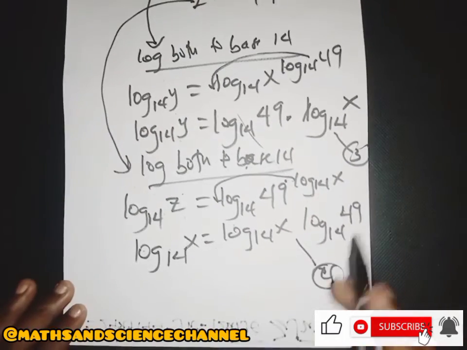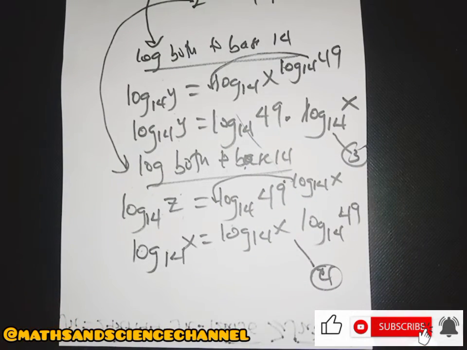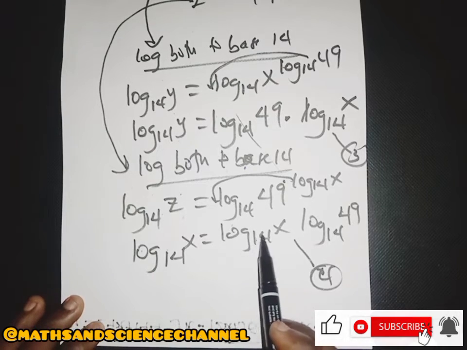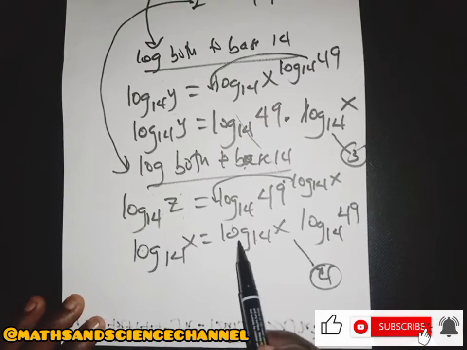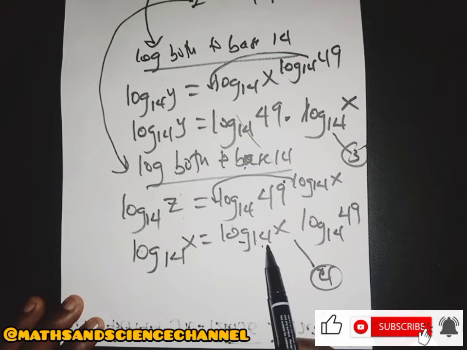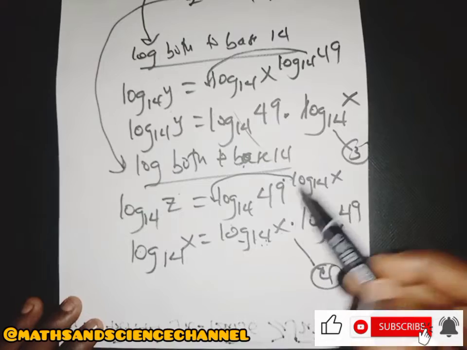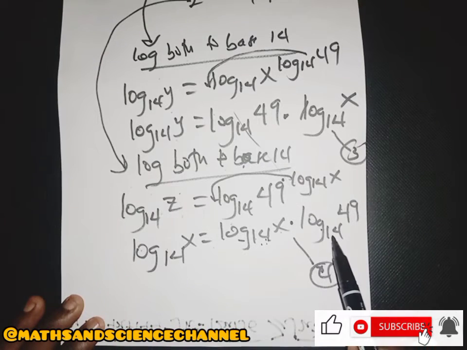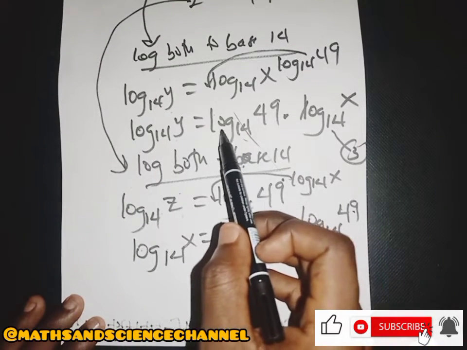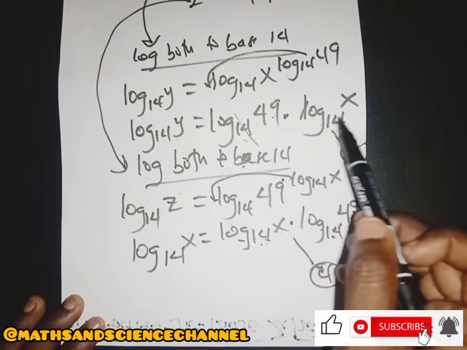Now if you look at equation 3 and equation 4, you realize that they look similar, they are just the same. We have log base 14 of x, multiplied by log base 14 of 49, which is the same thing as log base 14 of 49 multiplied by log base 14 of x.